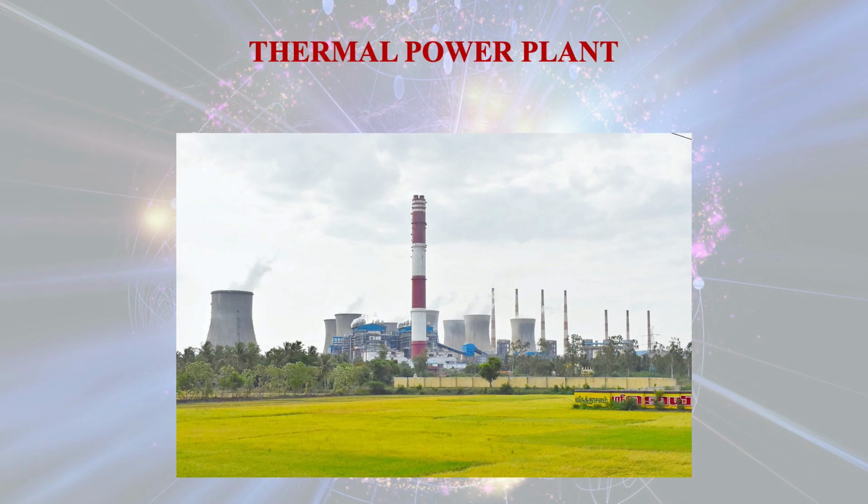That means the kinetic energy due to the rotation of the turbine shaft is converted into electrical energy, because electricity is produced by the generator. And the low pressure, low temperature steam enters the condenser. It is condensed into water, and the purpose of the pump is to pump the water into the boiler. It is a cyclic process.